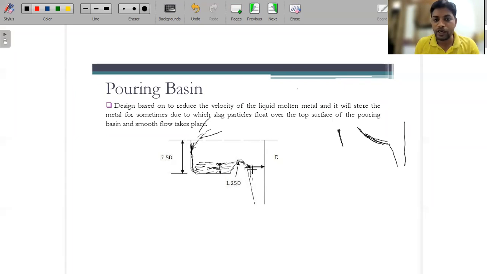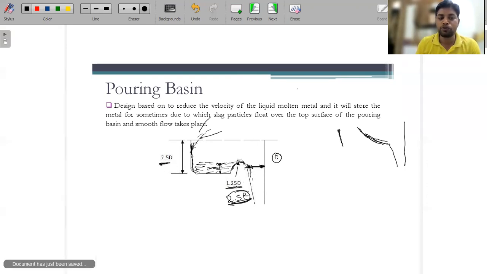So if we consider that this is the inlet diameter of the sprue, which is capital D, this curve radius will be equal to either 1.25 D, or 2.5 r. If you write 2r, then it becomes 2.5 r. In some of the books it's written as 2.5 r, and this height would be taken as 2.5 D. So please consider this design whenever we are designing the pouring basin.